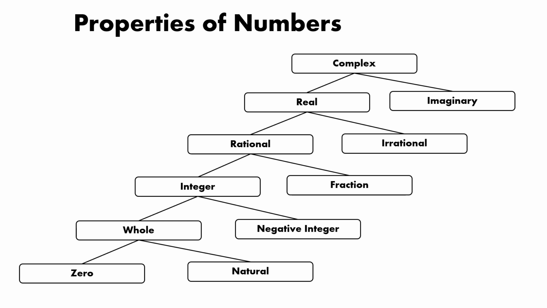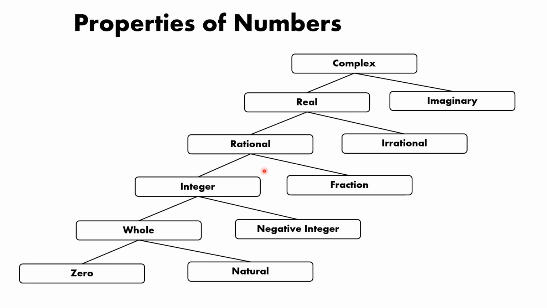First, we have 0 and all natural numbers, which are 1, 2, 3, 4, 5, etc. And these two groups form the whole numbers, which are basically all numbers without a decimal, starting from 0, so 0, 1, 2, 3, 4, 5, etc. Now, all whole numbers and all negative integers make up all integers, which range from negative infinity to infinity but have no decimals.